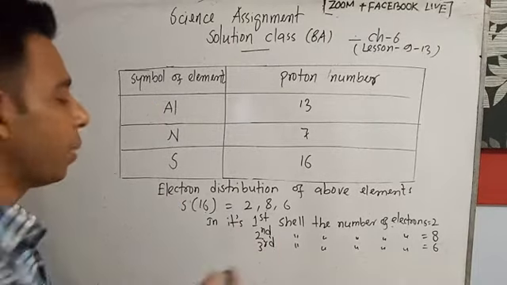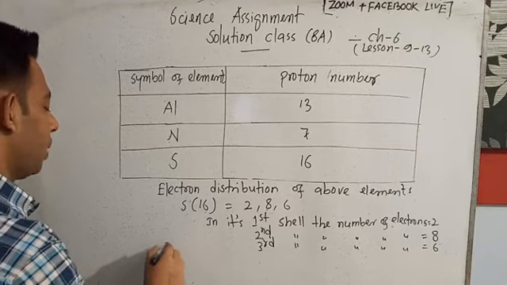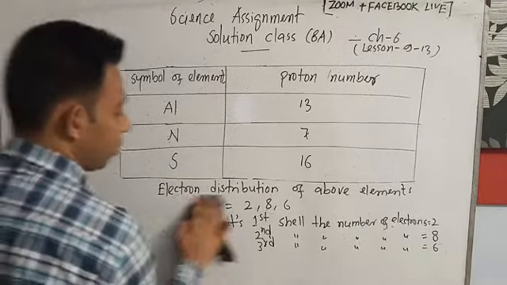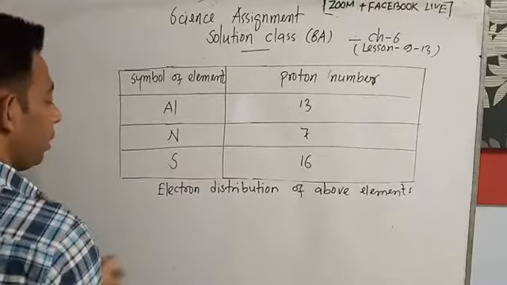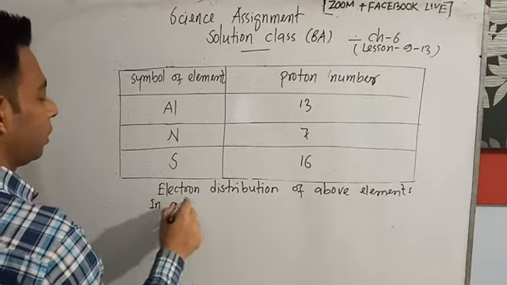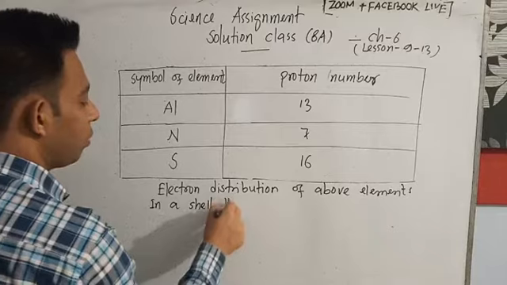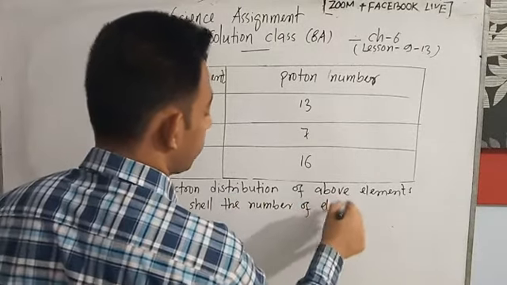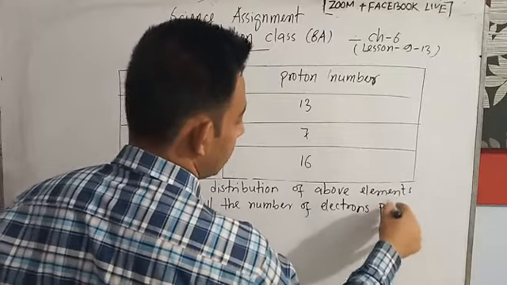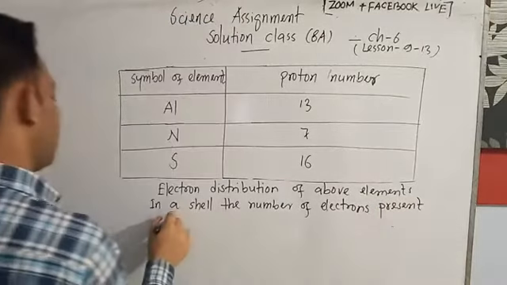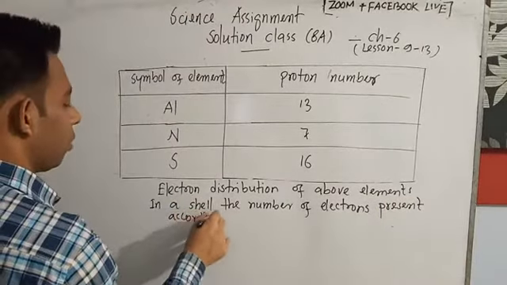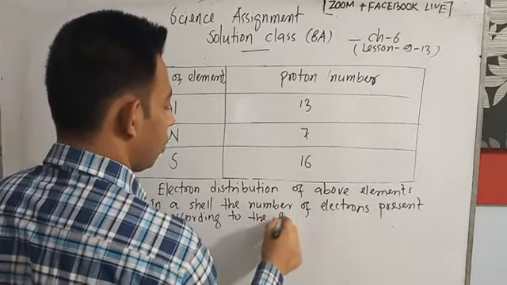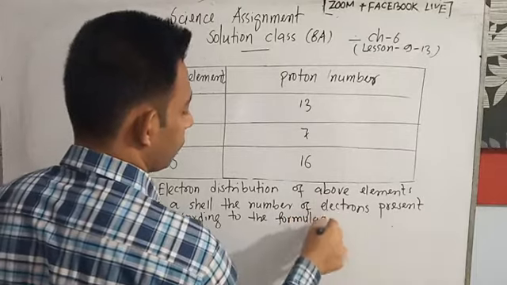After electron distribution we know that in a shell the number of electrons present is according to the formula 2n square.